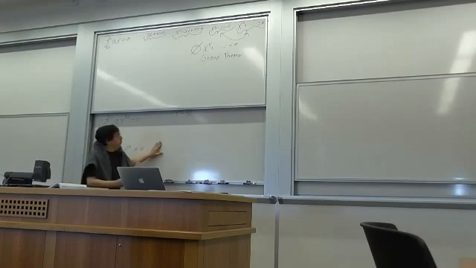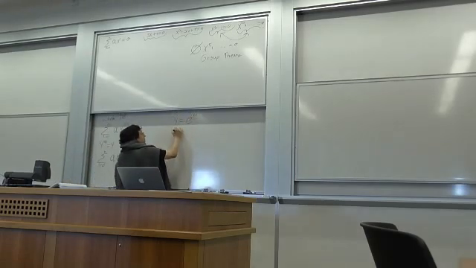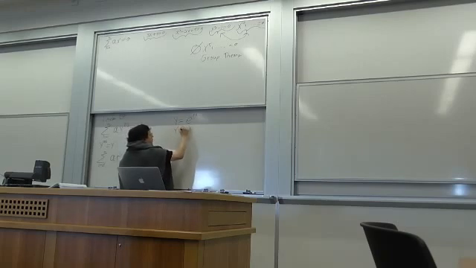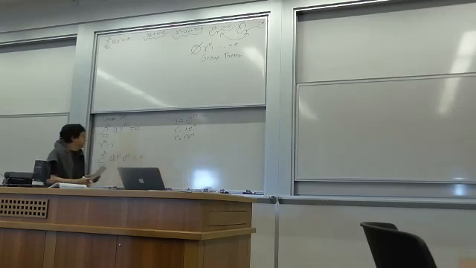Did I say minus? I didn't mean that. y prime is r e to the rx, y double prime is r squared e to the rx. Every time you differentiate this, you just add another r to the front.